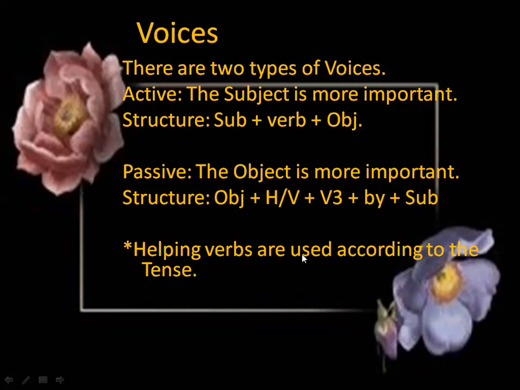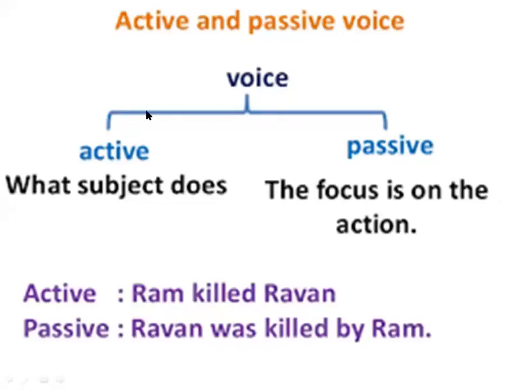So helping verbs are used according to the tenses. Whatever is the tense over here, we have to use the helping verb of that tense in the passive voice, because we always use v3, the third form of the main verb, in the passive voice.